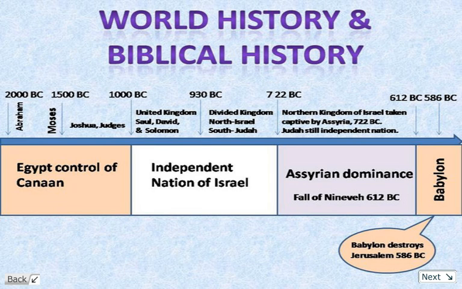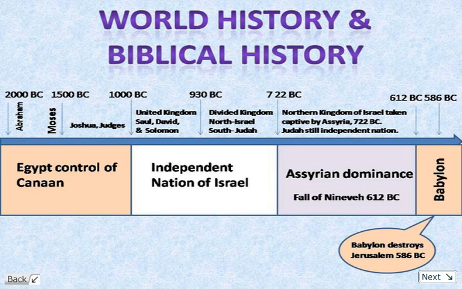Moses about 1500 BC. And then about 1000 BC, we have the United Kingdom, we have David. So there's 1,000 years between 2000 BC and 1000 BC where Egypt is in control of Canaan.